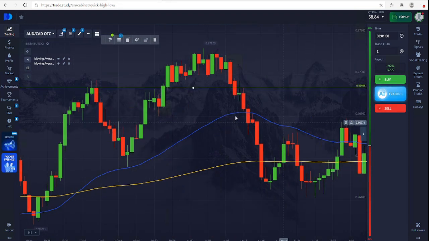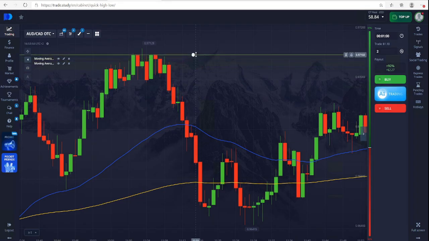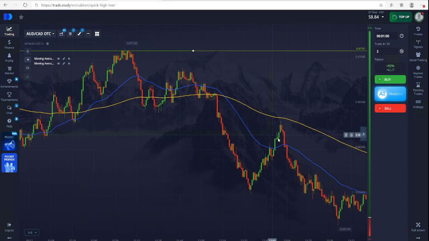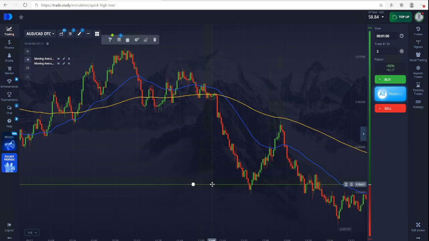Price came down here. As long as price did not close it, this will be your major resistance area. So we wait until price came back here. With this strategy, the intensity is not much, but if you want the intensity, you can reduce the time frame to like 15 seconds.